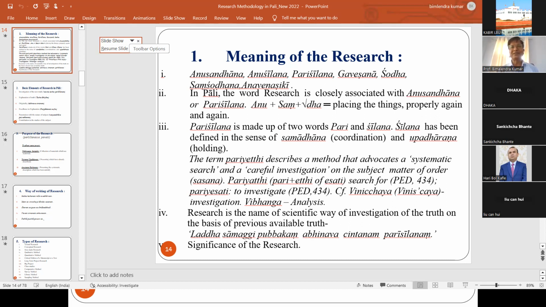Here, Vibhanga is vibhajana atthena vibhangam, making divisions of the teachings of the Buddha in many ways.